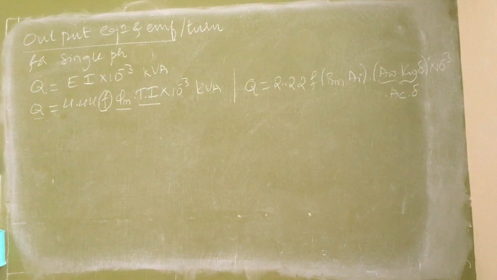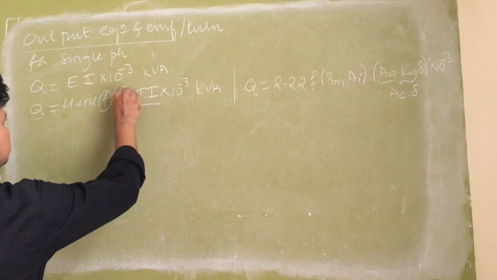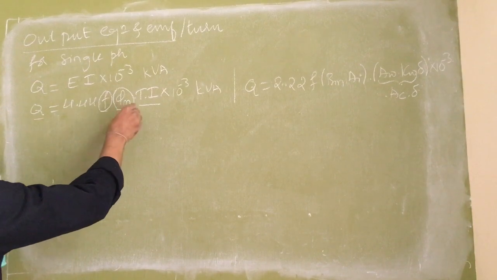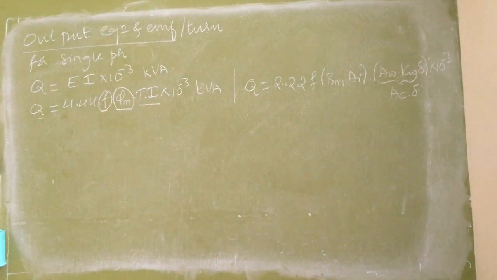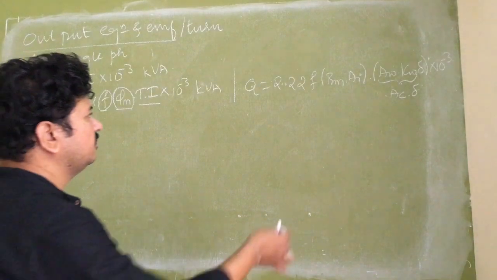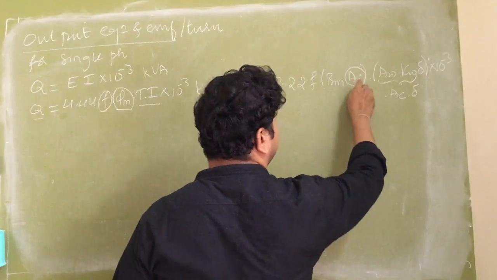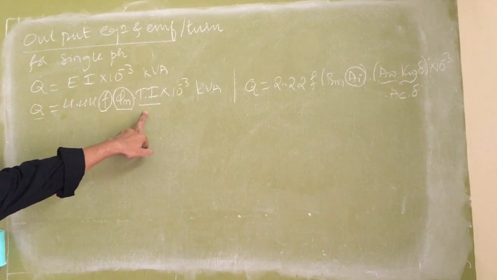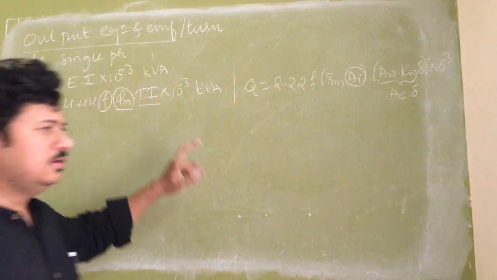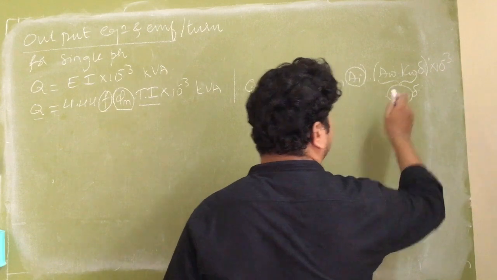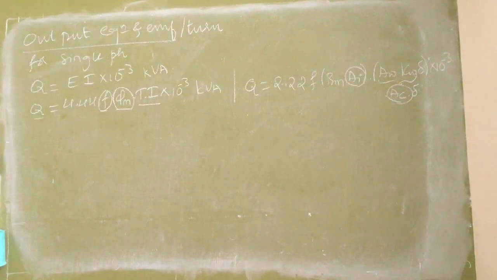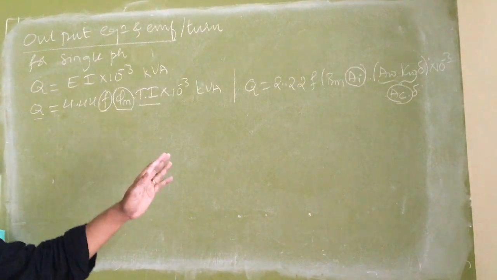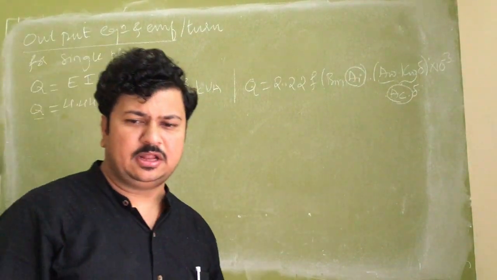So what we observe here is the flux phi m is mentioned in the output equation in terms of core area, and the ampere turns IT is mentioned in terms of copper area. Why are these mentioned like this? We have derived that mathematically and analytically.